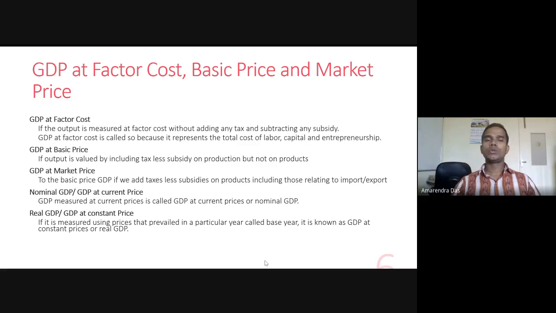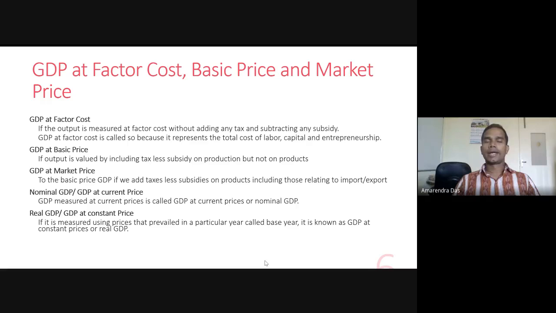Now, to derive the GDP at constant price, we have to take the base year price. So that means quantity into price. Here, when we take the price, we will be taking one particular year's price. For example, the present GDP estimation uses 2011-12 as the base year prices.